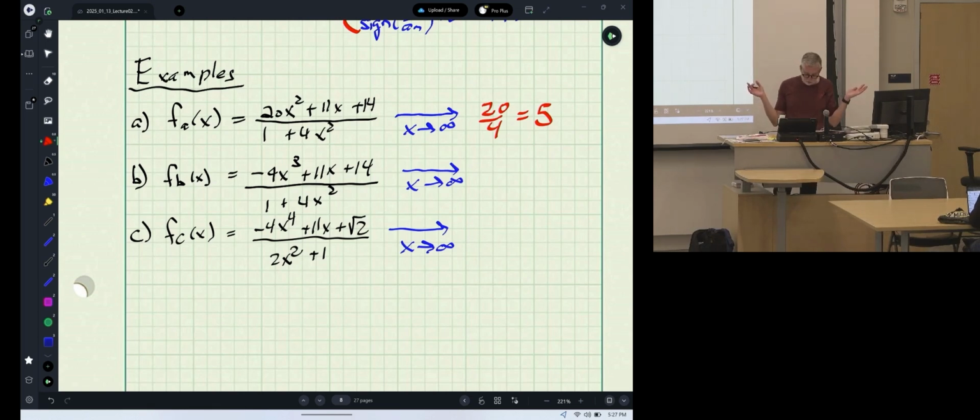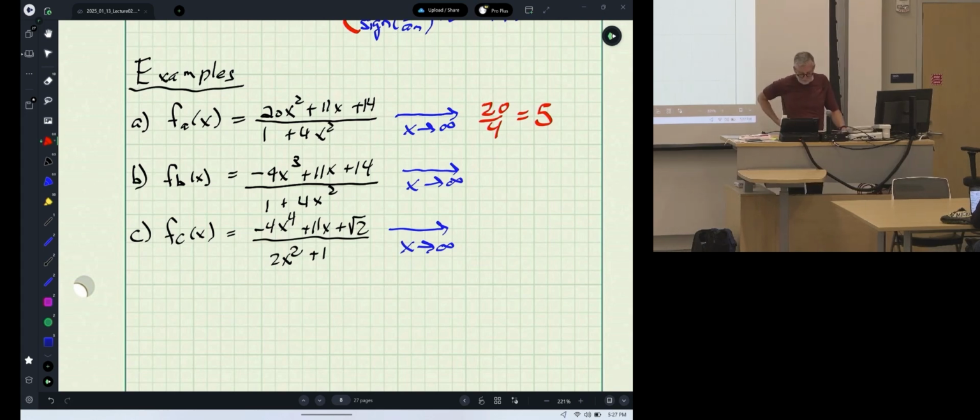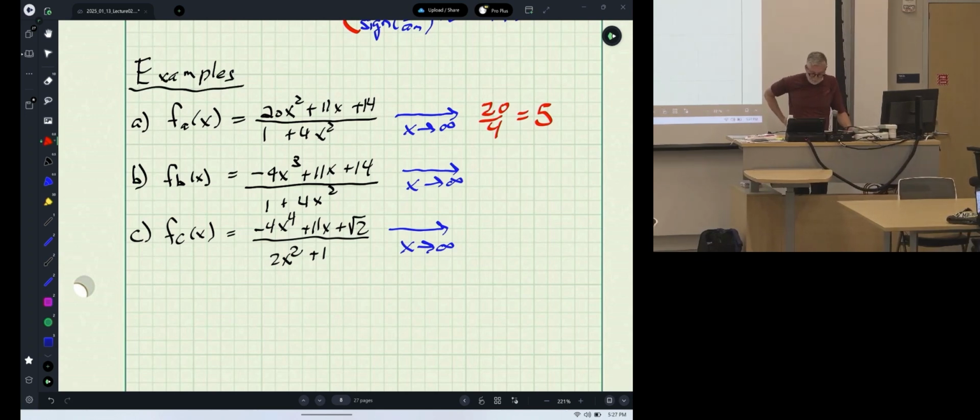Leading coefficient in the numerator is minus 4, and in the denominator, even though I've written them backwards from how we usually do polynomials, because you have to look for the highest order term, it's 2. The numerator in the first one is cubic and the denominator is quadratic.